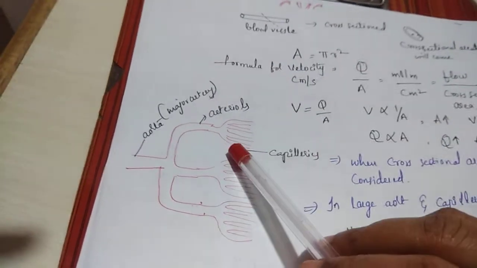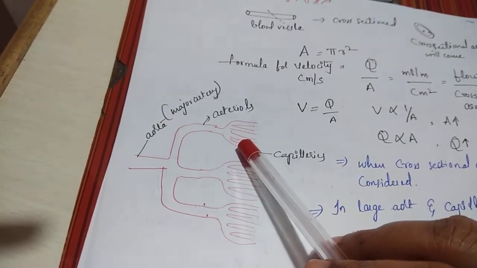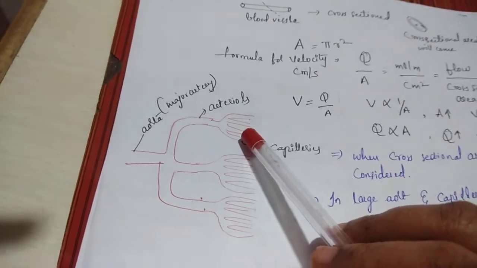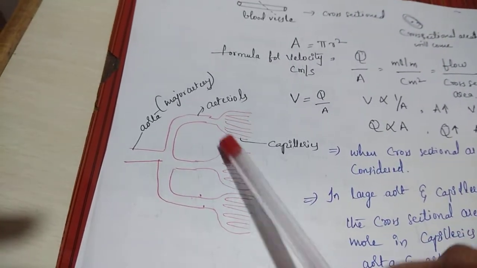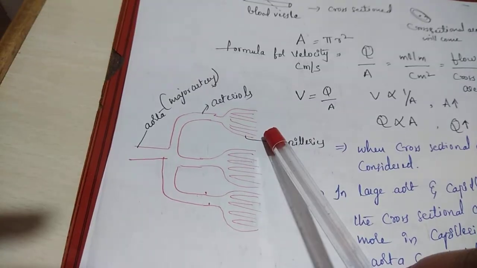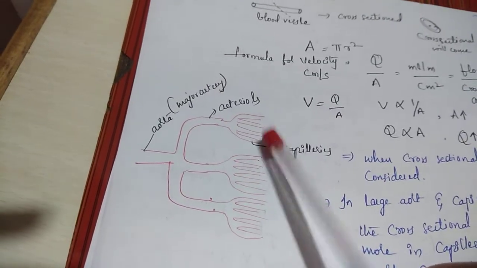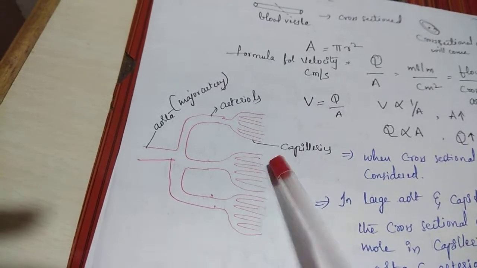Flow means volume of blood that is moving per unit time. So in the capillaries the velocity of blood is less and flow rate is more. This is a very important thing.